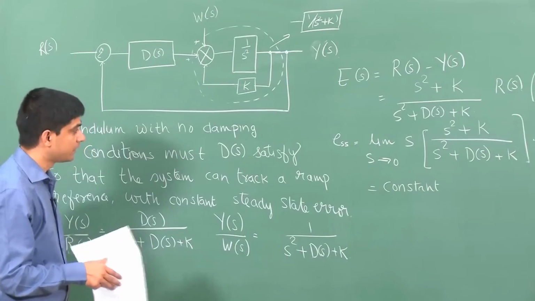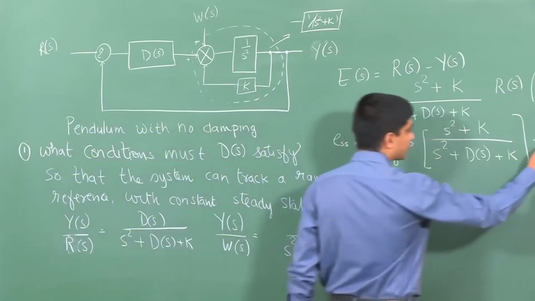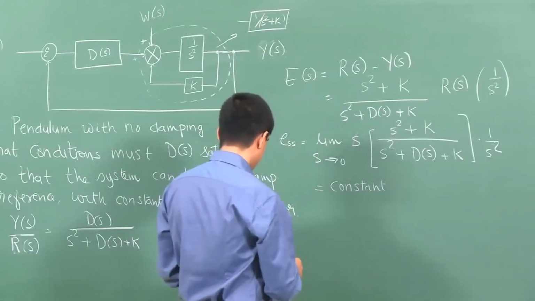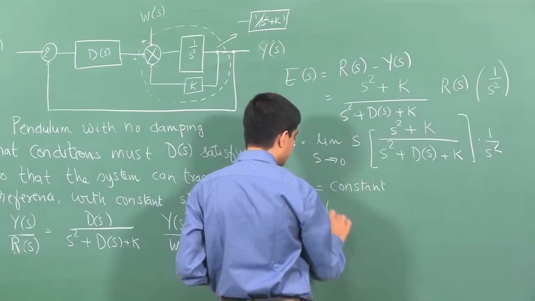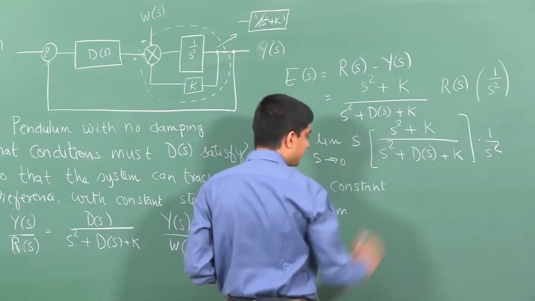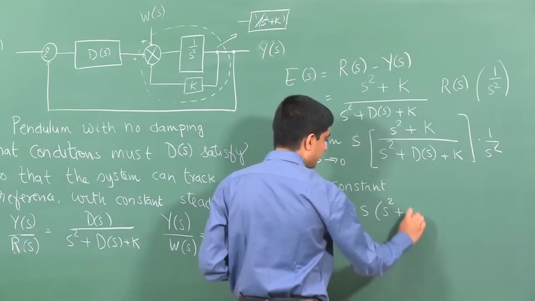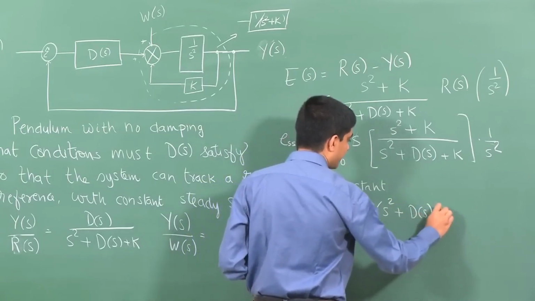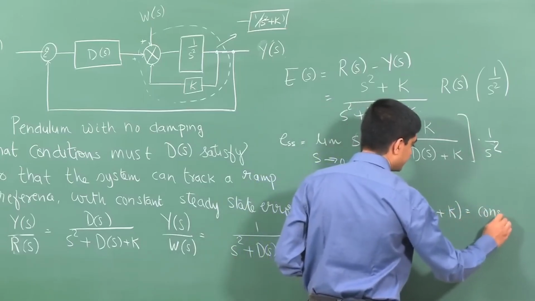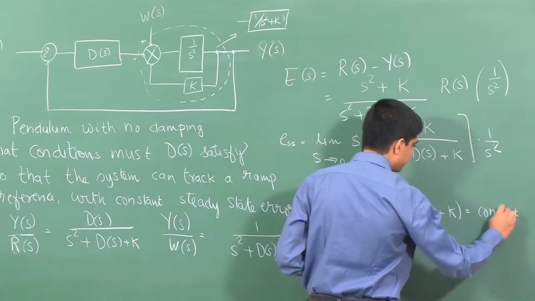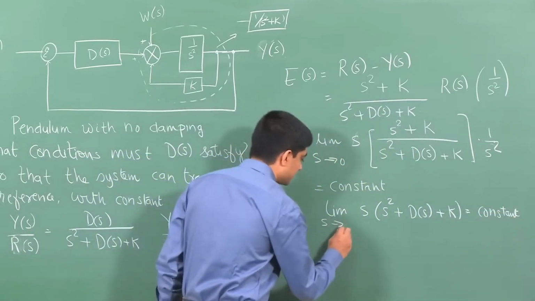Okay, which means, well, some usual cancellations. So I put s equal to 0. There is a constant here anyways. So if I just look at this term here, limit of s times s square plus D(s) plus k should be a constant. Now, sorry, limit s going to 0 here.